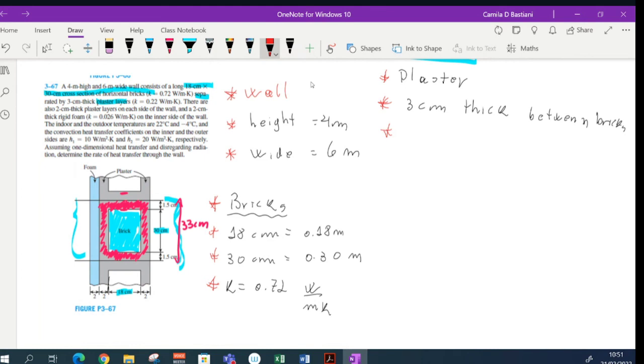And they give me the K for this plaster: 0.22 watts per meter Kelvin. There are also 2 centimeters thick plaster layers on each side of the wall. So here, between here and here, I have 2 centimeters. And between here and here, I have 2 centimeters. So 3 centimeters between bricks, 2 centimeters between the wall and the brick.